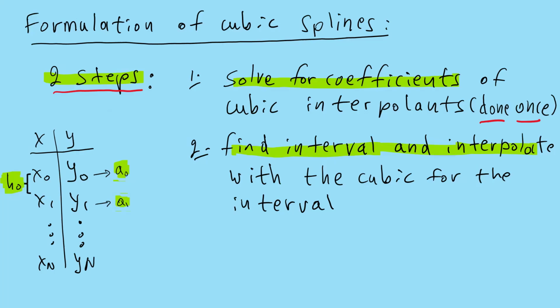It means y_i equals a_i. So the a coefficient comes directly from the given data points. The other coefficients, b, c, and d, depend on the cubic spline we are using, because different cubic splines have different boundary conditions.